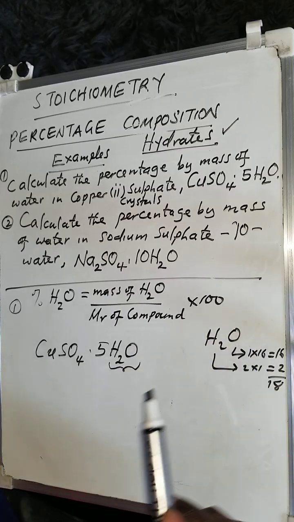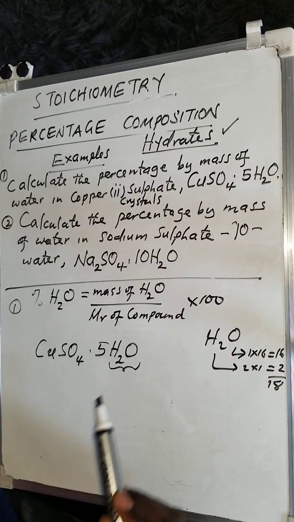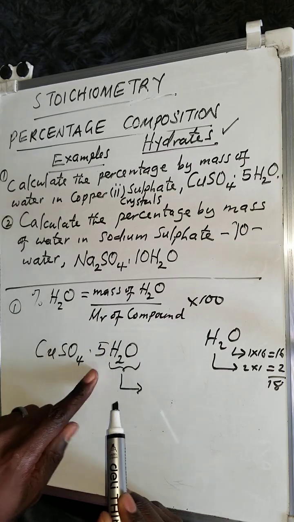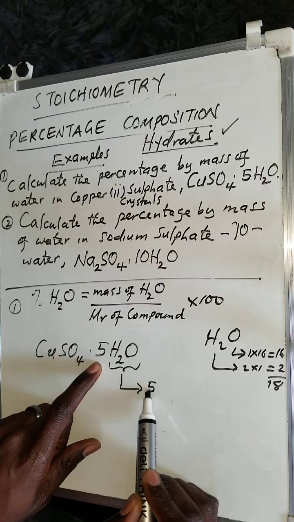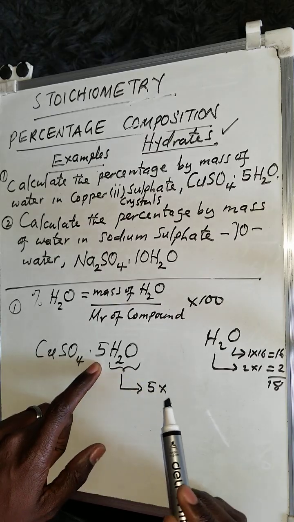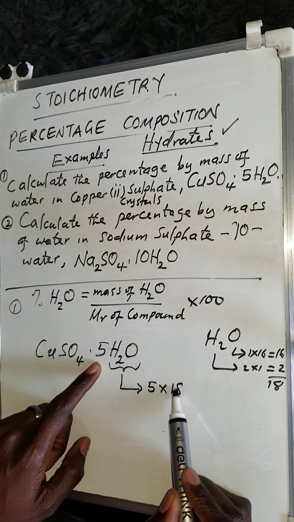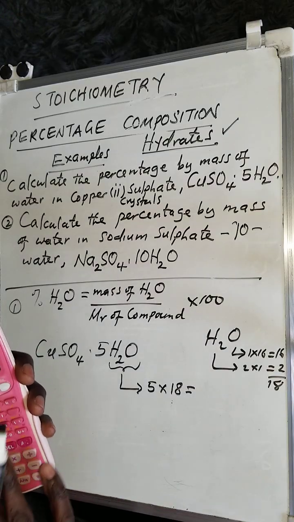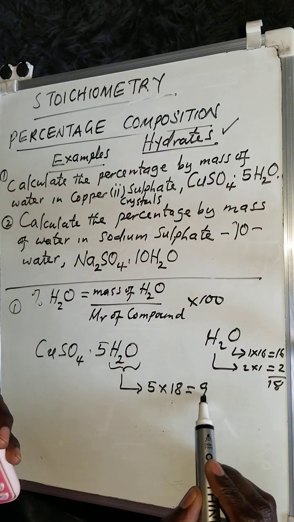So for H2O alone, it is simply 18. That's the Mr. But how many water molecules are there? According to the number in front, there are 5. So it will be 5 times 18. If you multiply 5 times 18, it is giving me a 90.